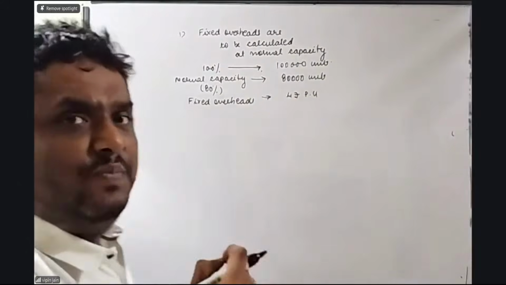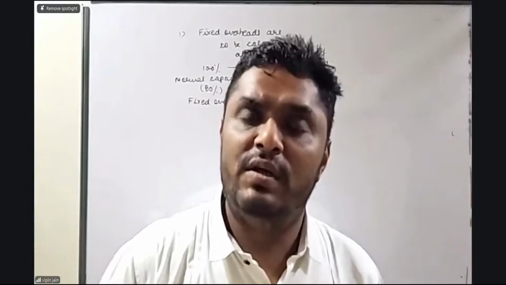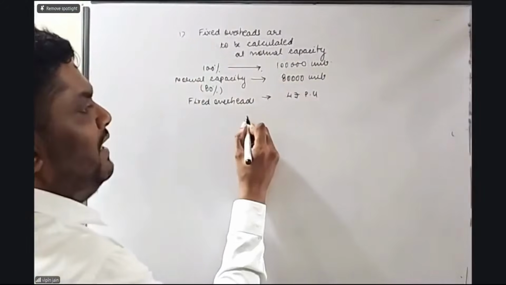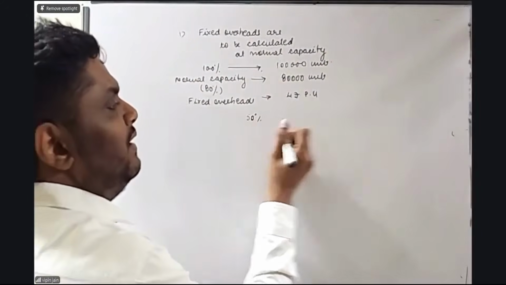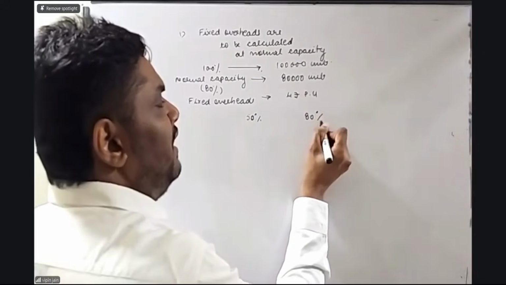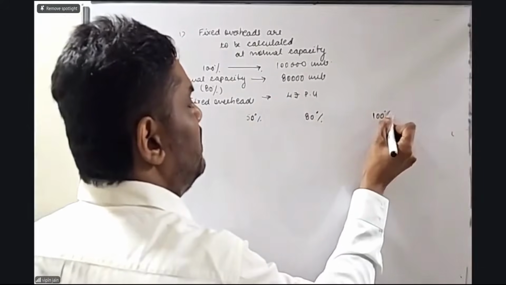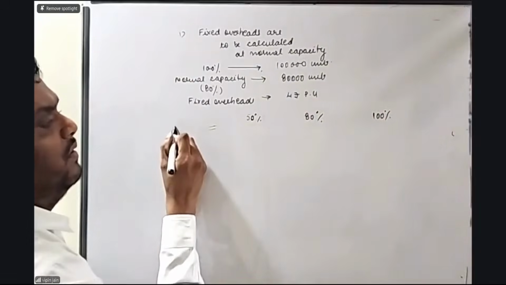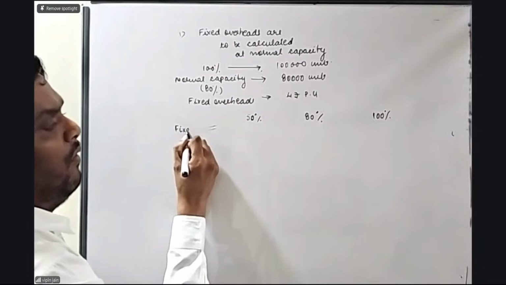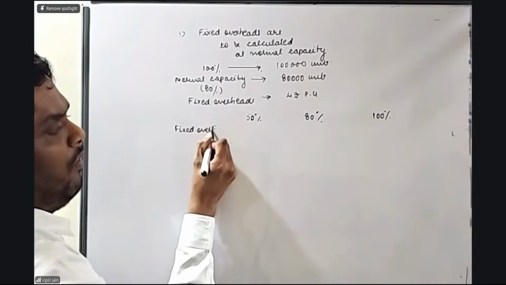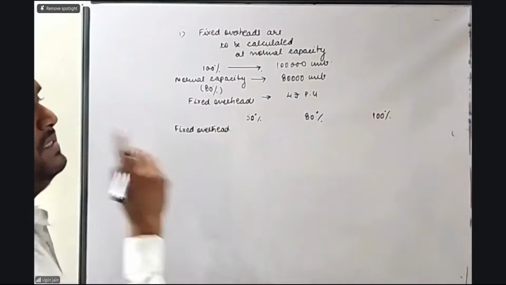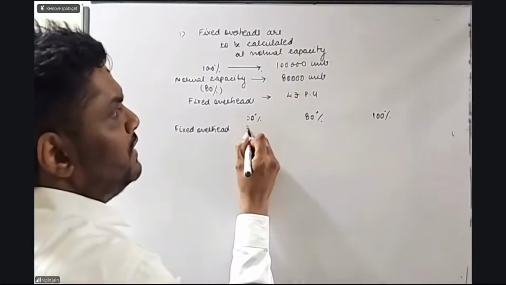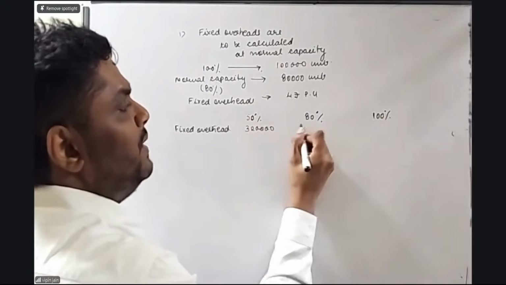Now, irrespective of the level of production, let's say we are working at 50% capacity, 80% capacity, and 100% capacity, my fixed overheads will be how much? They will be the same. That is 80,000 into 4, that is 3,20,000 will be my fixed overheads.